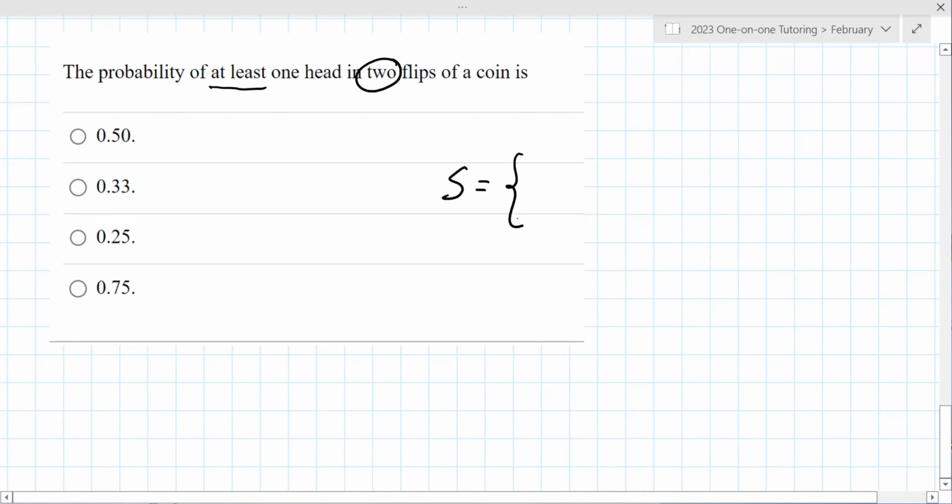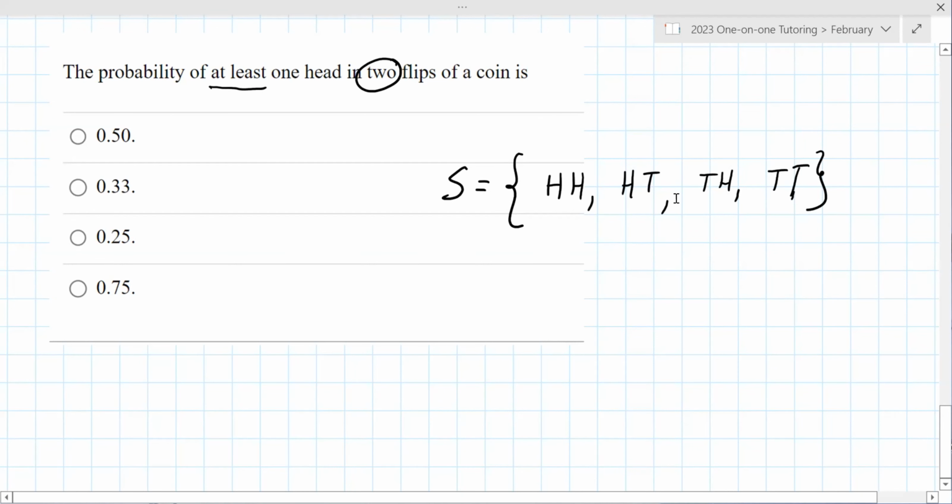And it's not too bad. We've all flipped a coin. It could be heads, heads, heads, tails, tails, heads, and tails, tails. However you want to do it, like if you're the type to start with tails, that's fine. Just have some way that you always do this so that you get them all.